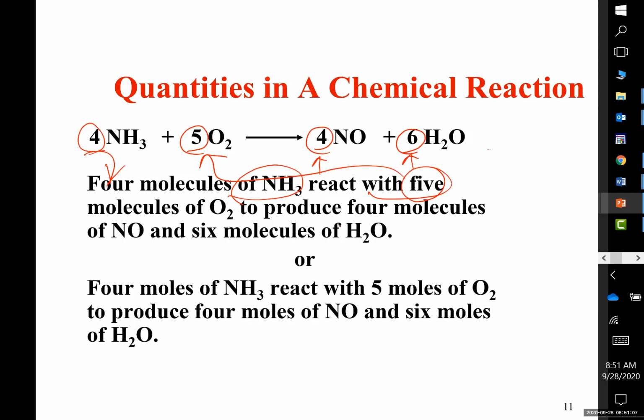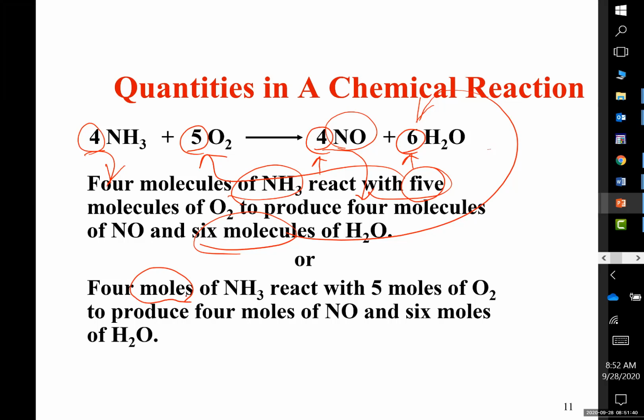to produce 4 molecules of nitrogen monoxide and 6 molecules of water. Pretty soon I'm going to give you a concept which is called moles, which means a large number of molecules.